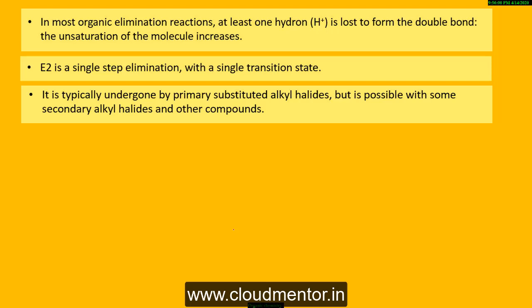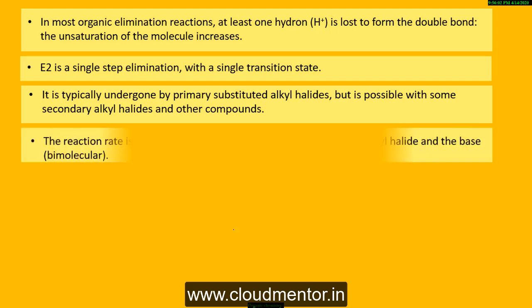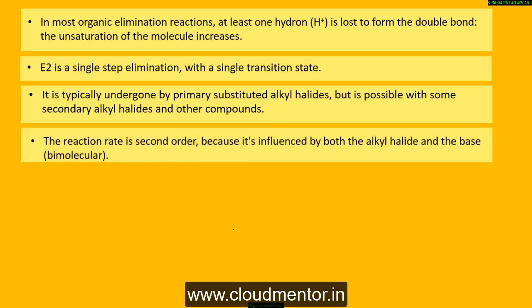The reaction rate is second order because it is influenced by both the alkyl halide and the base. That is, the reaction is bimolecular, and the rate depends on the concentration of both the alkyl halide and the base.